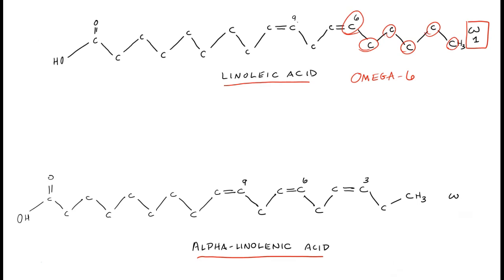Alpha-linolenic acid is an omega-3 fatty acid. And we know it's an omega-3 fatty acid because the double bond is 3 carbons from the omega carbon, which is number 1. And omega-3 fatty acids are the ones found in fish, and they are also found in nuts and in most oils.